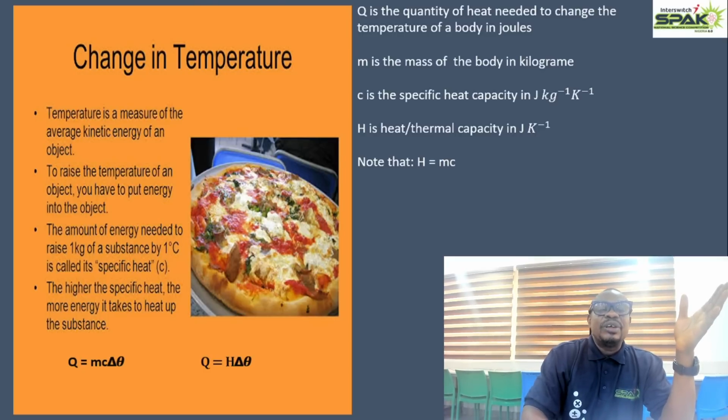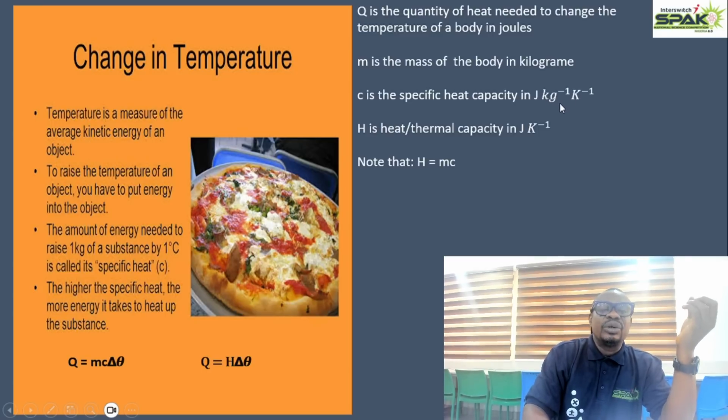But when you talk about specific heat capacity, it is the amount of heat required to change the temperature of 1 kilogram. That is why we have per kilogram in this unit. It is the amount of heat required to raise the temperature of 1 kilogram of a body by 1 Kelvin.